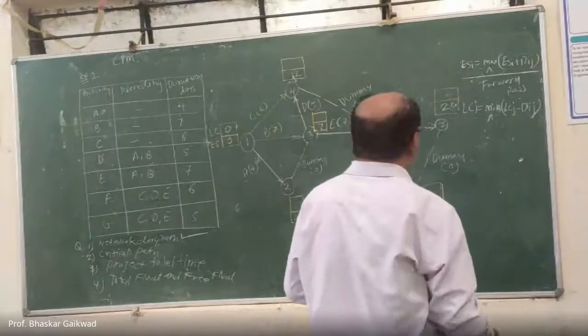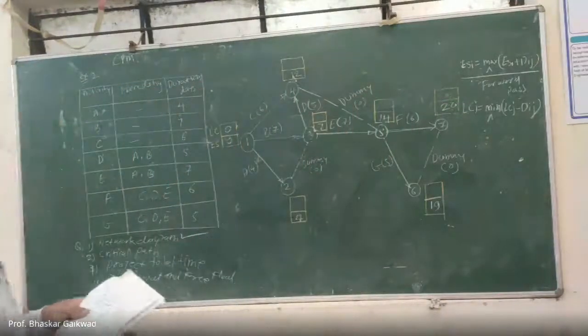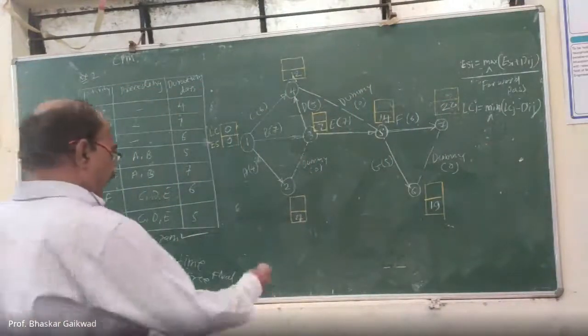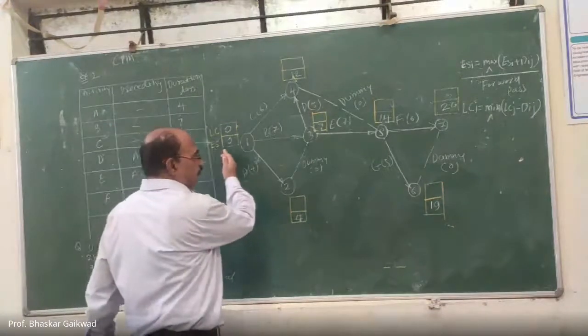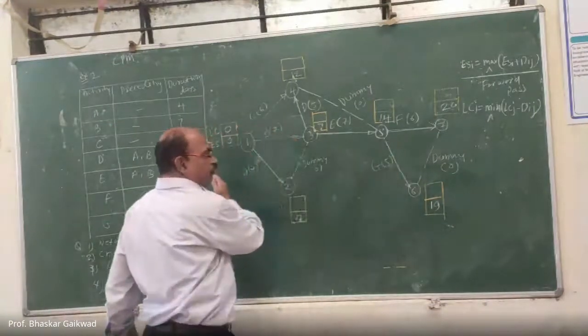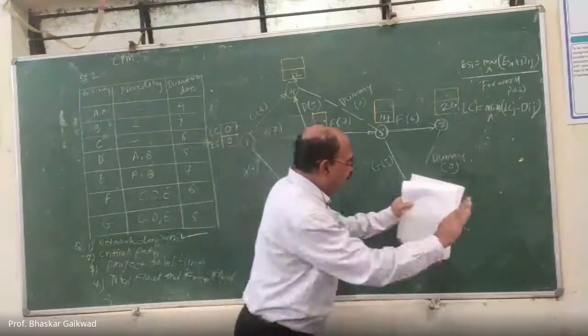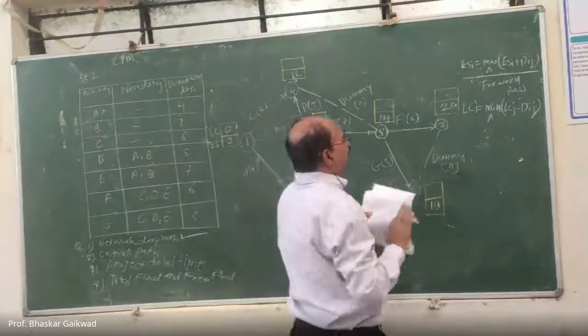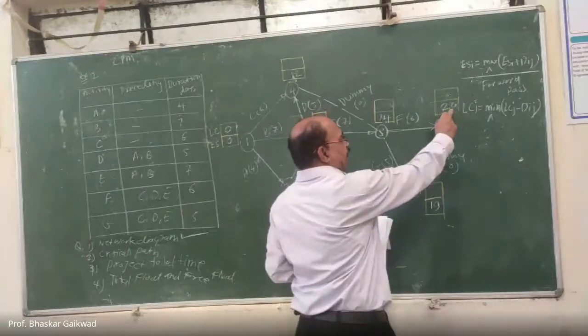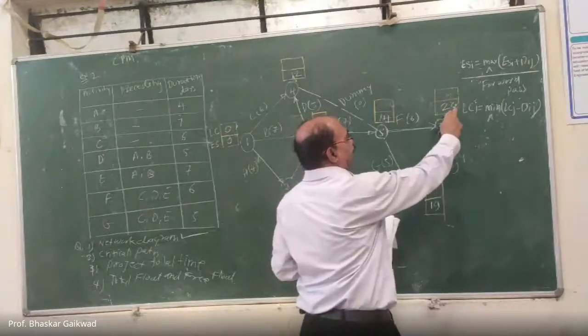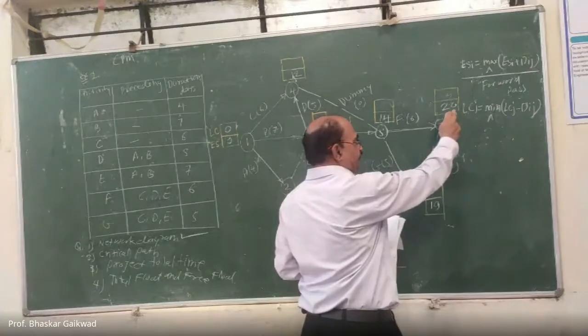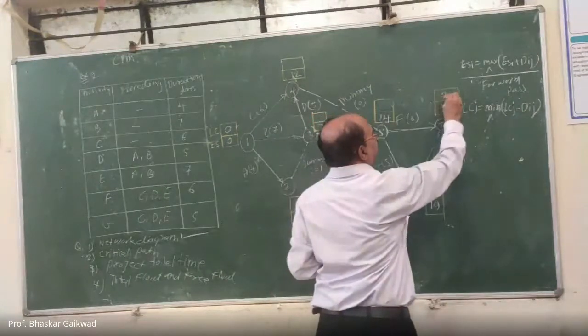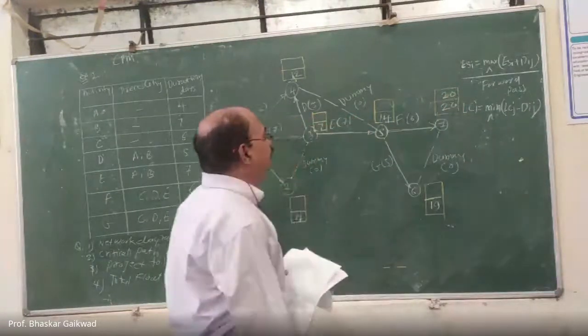Correct. Presently we are going from this side to this side, which is the forward pass. Now we have to come backward. While coming backwards, because this is the end activity, whatever time we have got here, the same time will be here.